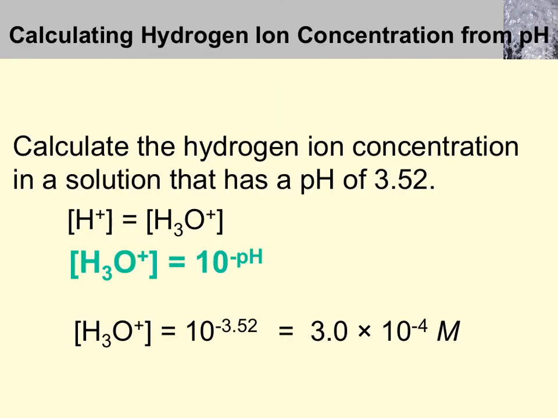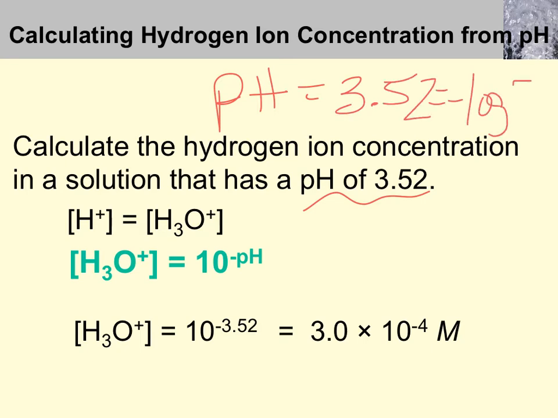What if we have to go in the other direction? What if we're given pH and we're asked to find the concentration of hydronium ion? So how do you get rid of log values? You remember how to do this? Log base 10.